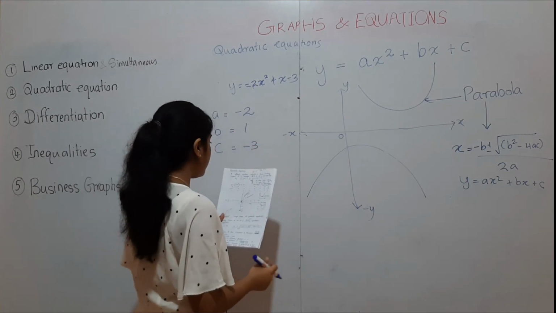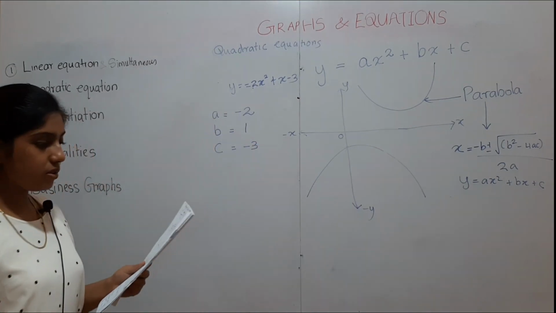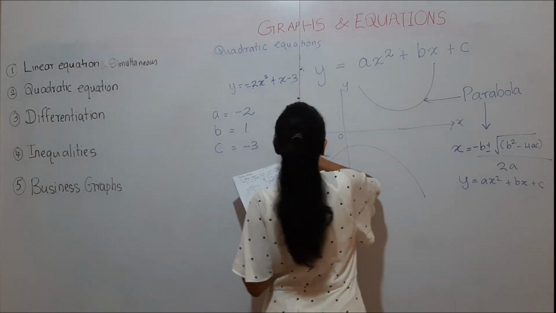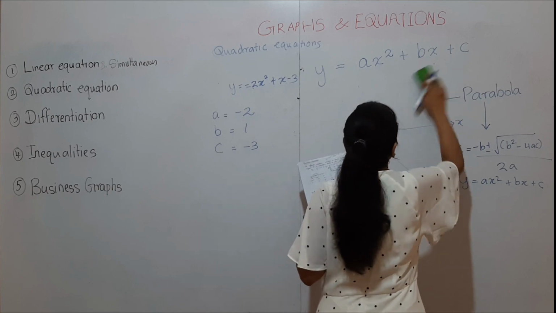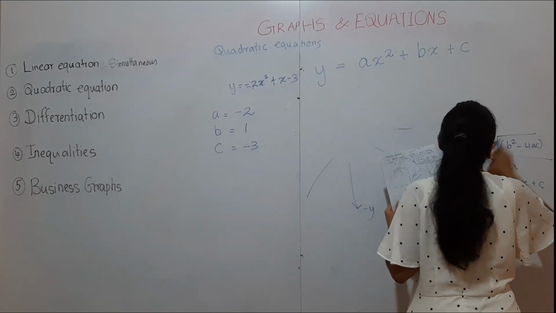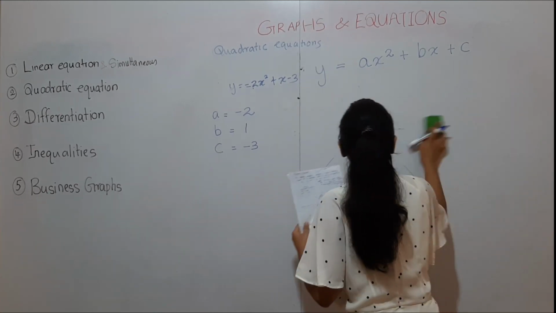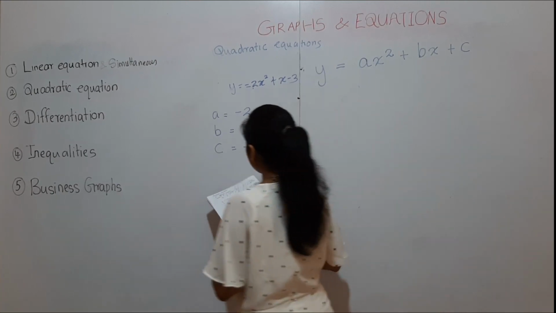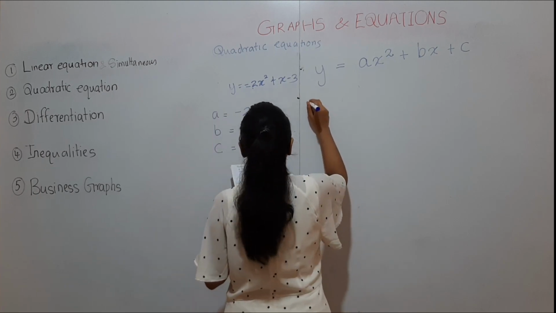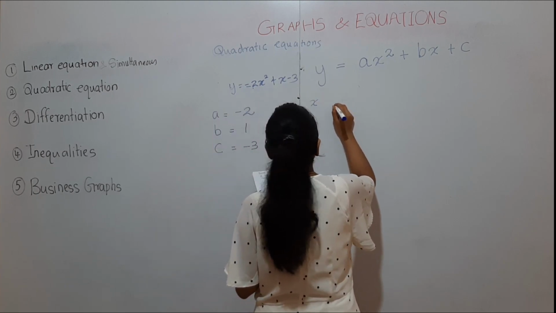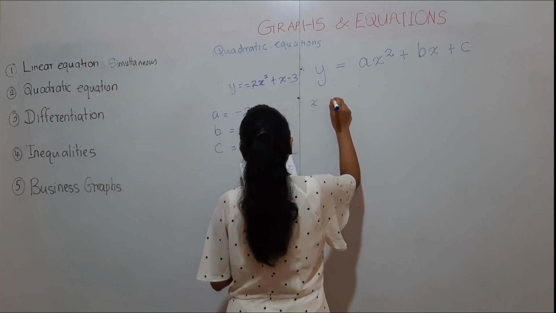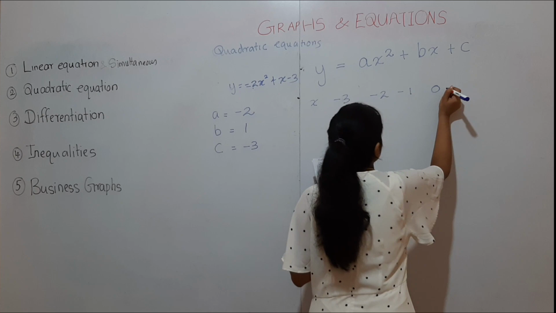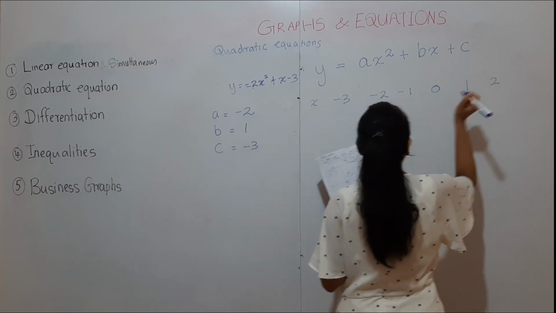Okay. Now, let's start to draw a parabola. First of all, you should set out your x values, maybe take a range from minus to plus. So, I am going to take minus 3 to plus 2.